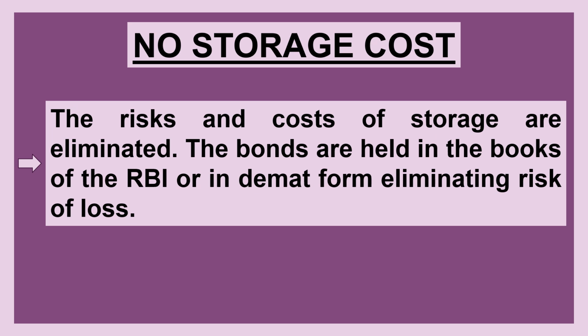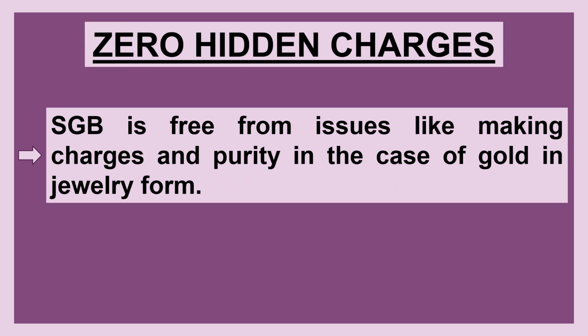The risks and costs of storage are eliminated. The bonds are held in the books of the RBI or in demat form, eliminating risk of loss. Zero hidden charges. Sovereign gold bond is free from issues like making charges and purity in the case of gold in jewelry form.